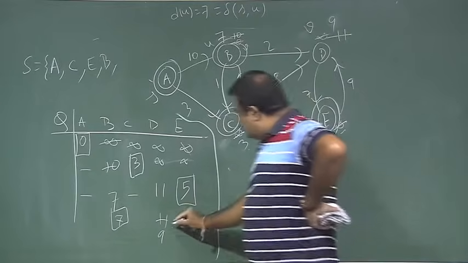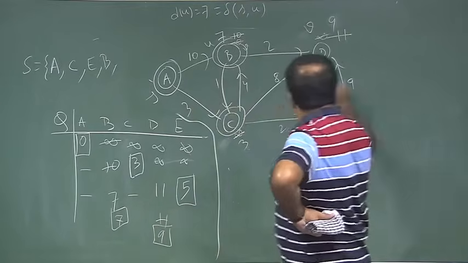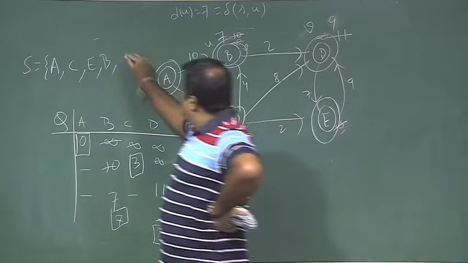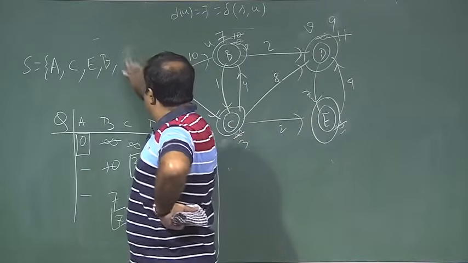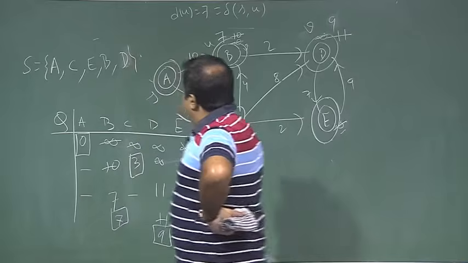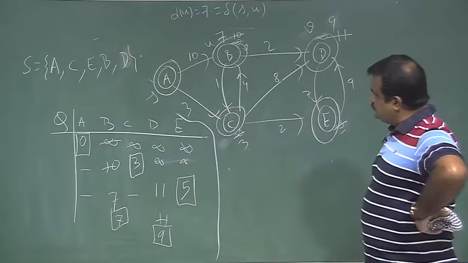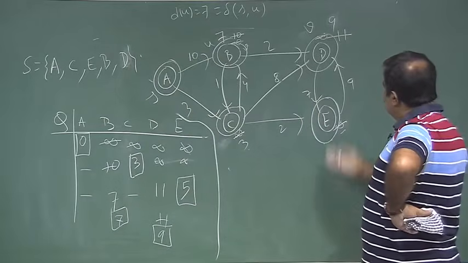Then we again call extract-min, and this is the vertex which is going to be added in S. Yes, so that is it.